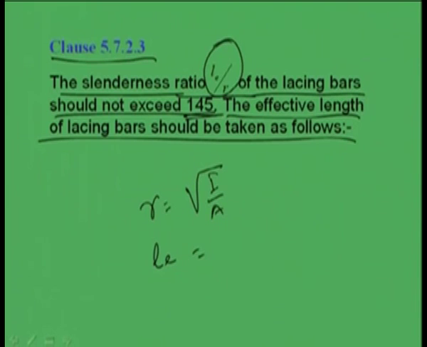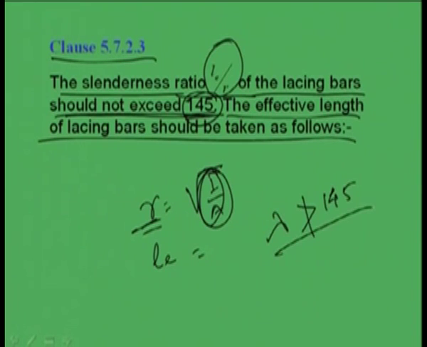Accordingly we have to find the radius of gyration, and if it is exceeding, then we have to change the dimension, that means change R, in such a way that the slenderness ratio does not exceed 145. That means lambda should not exceed 145; that has to be checked, right.